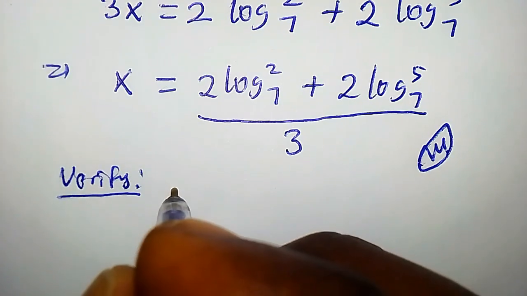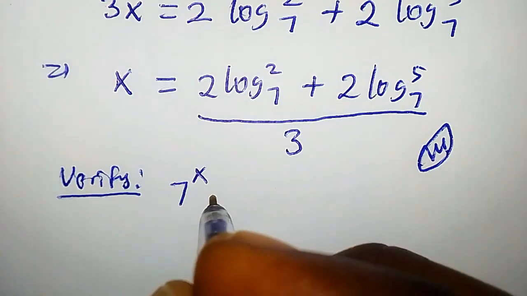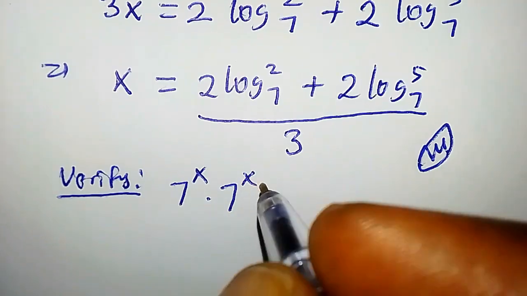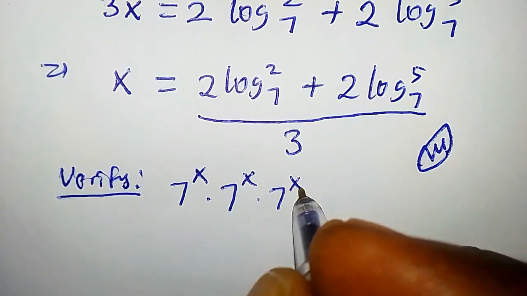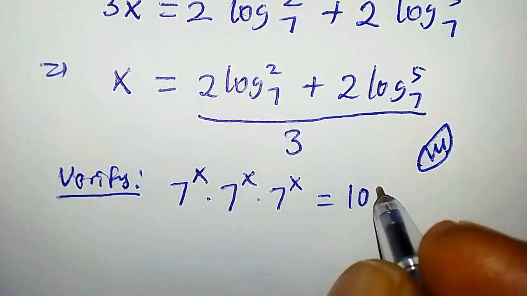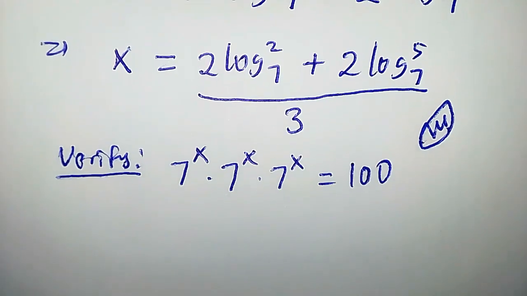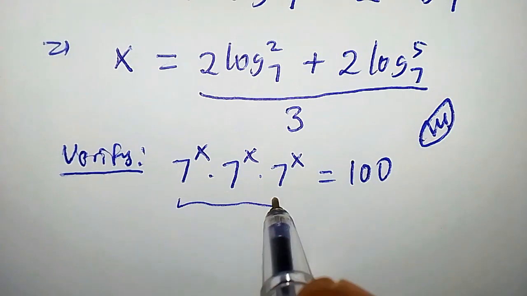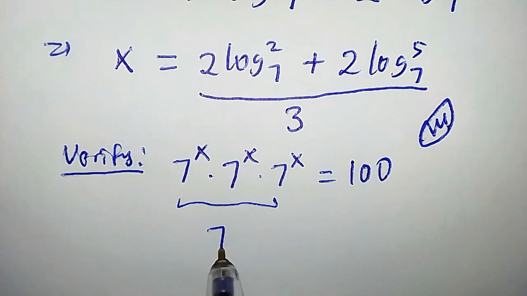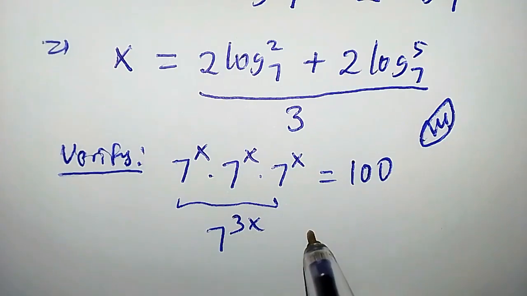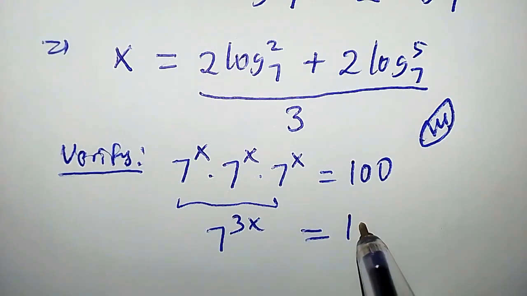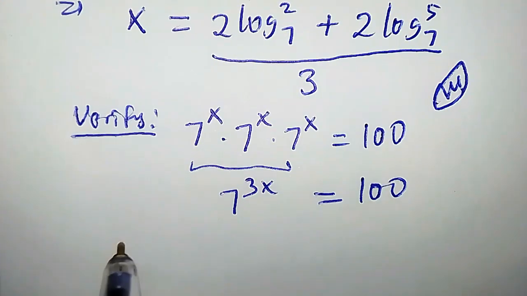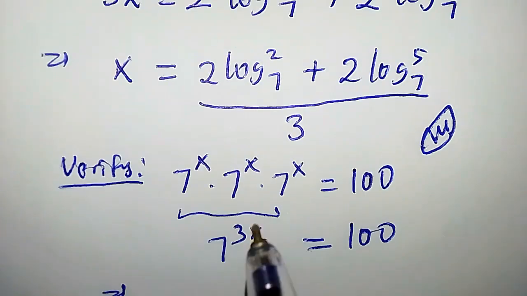The original question says 7 to the power of x times 7 to the power of x times 7 to the power of x is equal to 100. But we know that this left hand side is simply 7 to the power of 3x. So this is equal to 100. What we have to do now is to plug in this value of x into this power.